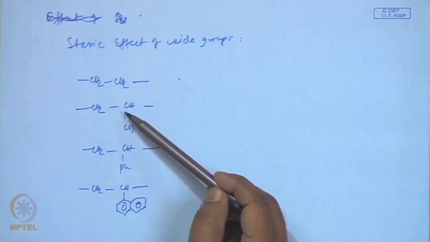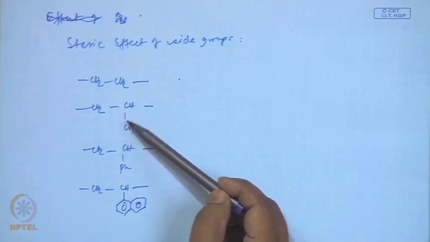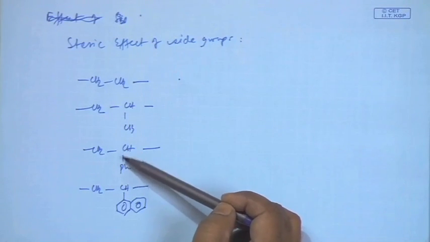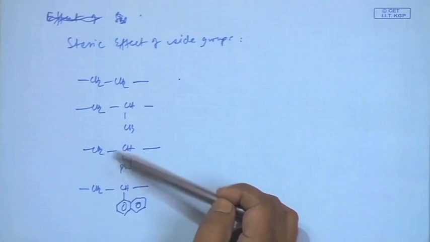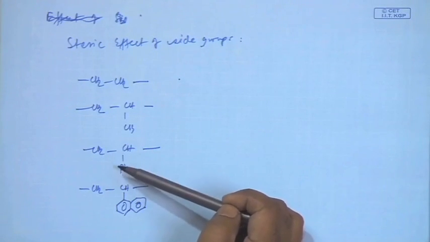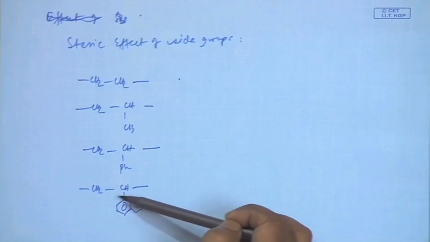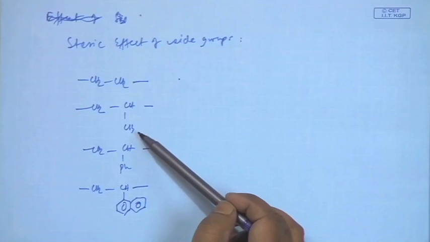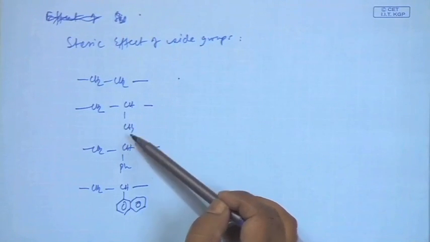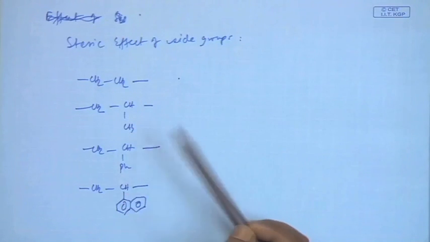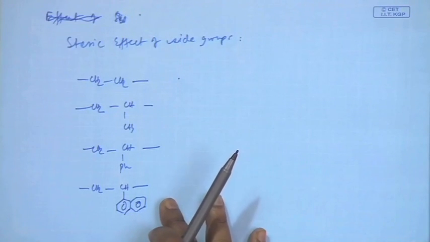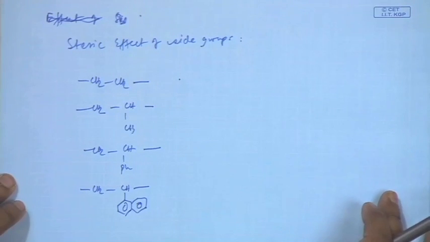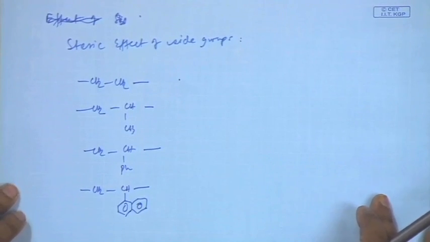the rotation, because of the bulky substituent present on each carbon atom, becomes more and more restricted with the increase in the size of this substituent. Now, you can always argue that with the increase in size, most likely the van der Waals interaction between the chains also increases, which causes increasing intermolecular forces. Yeah, that may also be true.